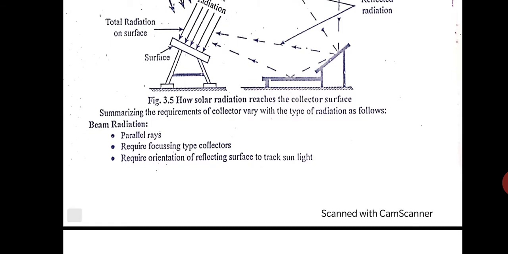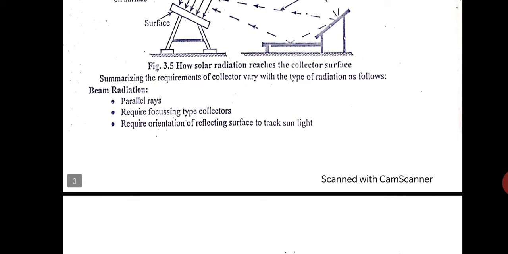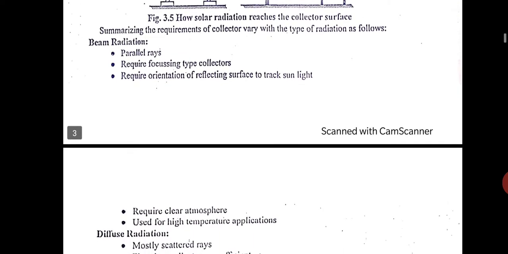So beam radiation, as we have discussed, are parallel rays, and they require focusing type of collectors and require a reflecting surface to track the sunlight. So there is some device for tracking of the sun, because though the sun is stationary and the earth is moving, it feels that the sun is moving.